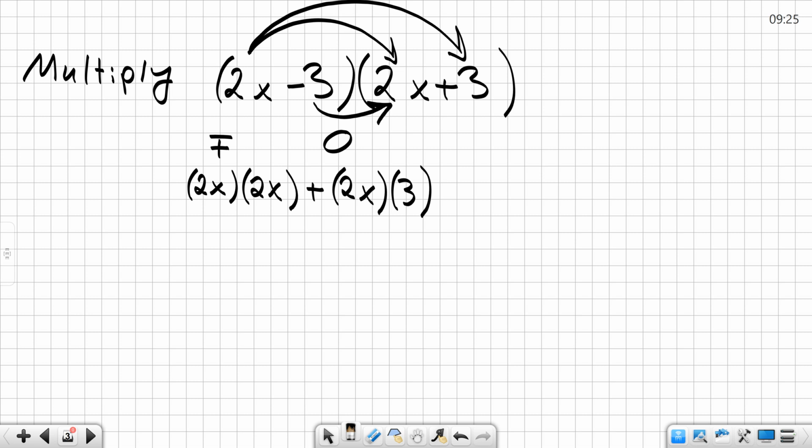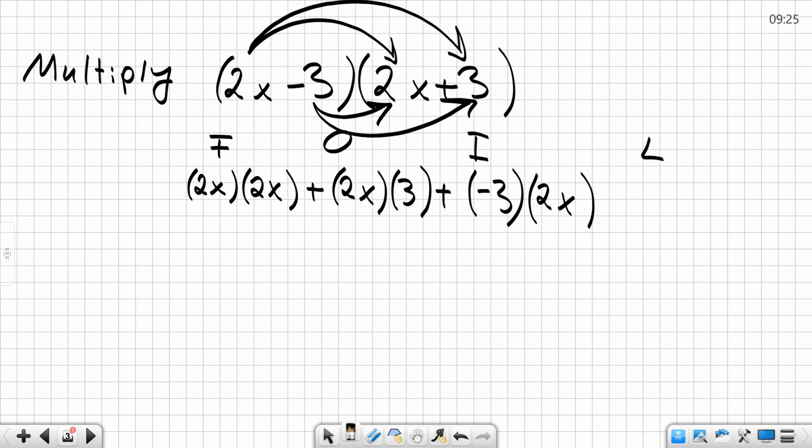The product of the inner would be plus a negative 3 times 2x. And the product of the last, that would be plus a negative 3 times a positive 3.